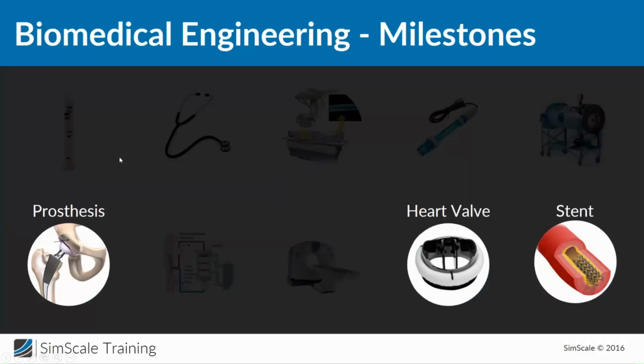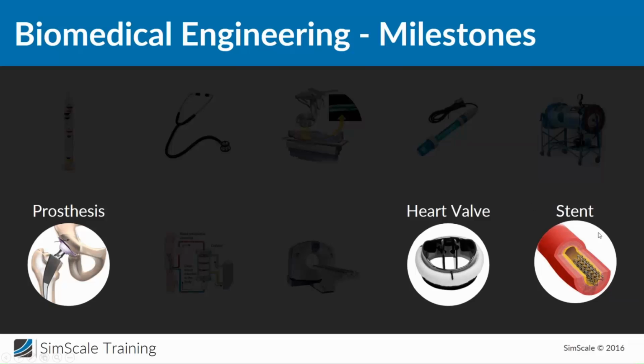During this workshop series, we will take a look at 3 example applications of biomedical engineering. We will take a look at a prosthesis, we will take a look at a stent, which is a device to stabilize vessels, and we will take a look at blood flow.